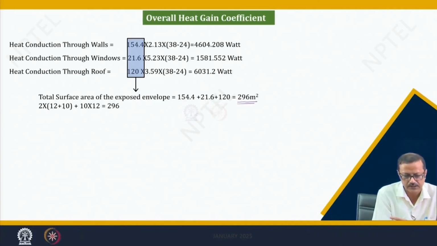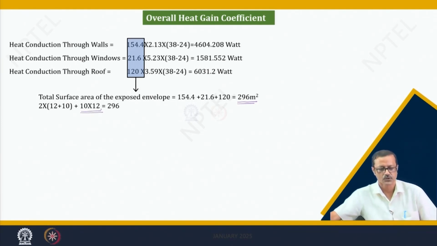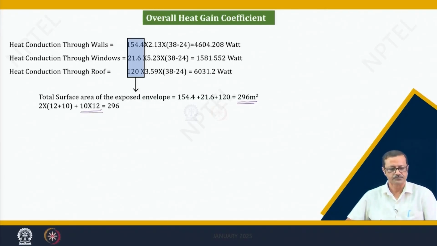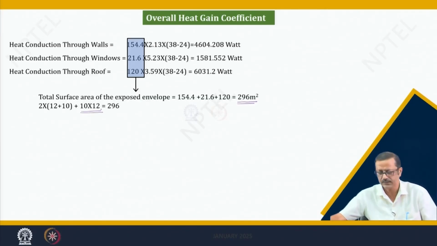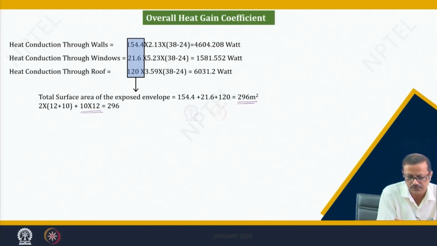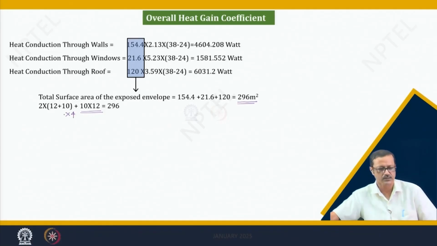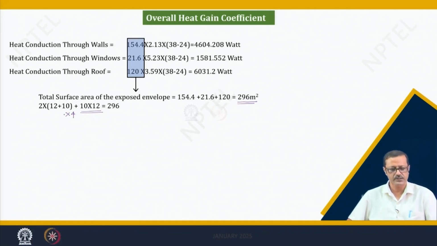This envelope area is the perimeter times 4, plus the area of the roof. So the total 296 is the envelope area. I think we have to multiply this with 4 because the height is 4 meter. We will correct it when we distribute it to you.